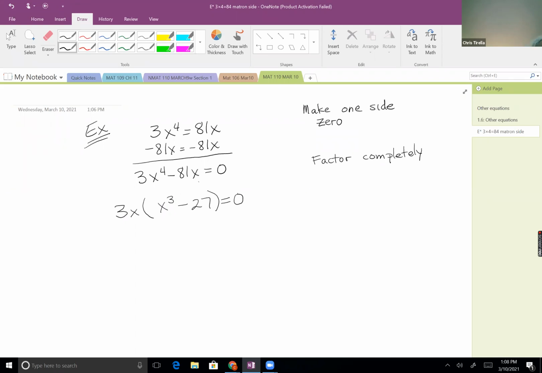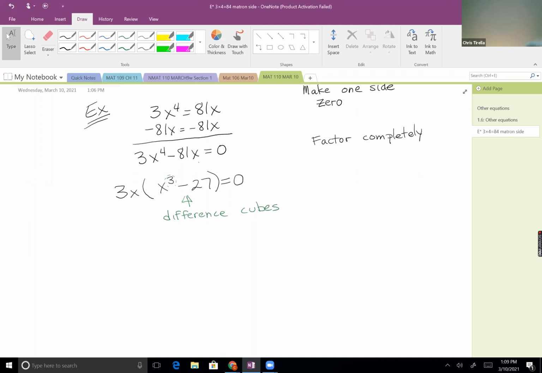But if we're factoring completely, we shouldn't be surprised if we need to factor a second time. And so over here, I have a binomial. They're not squares. But does anybody notice that over here we have an exponent of 3? So I'm going to look and see if that's the difference of cubes.